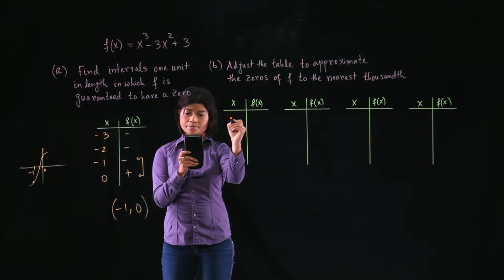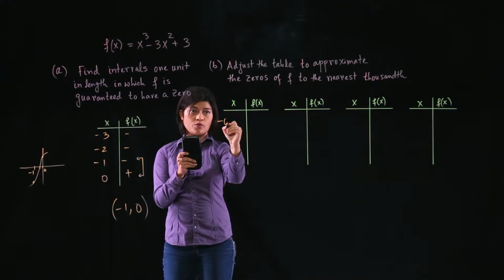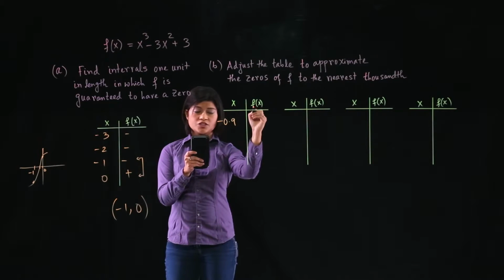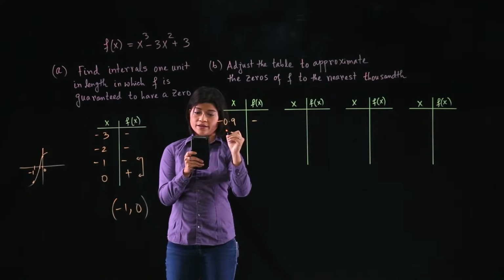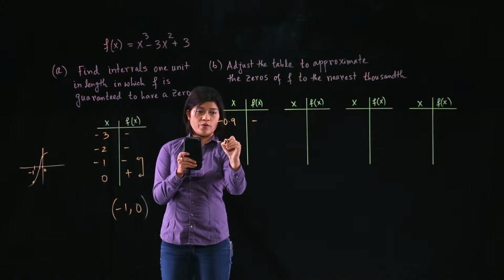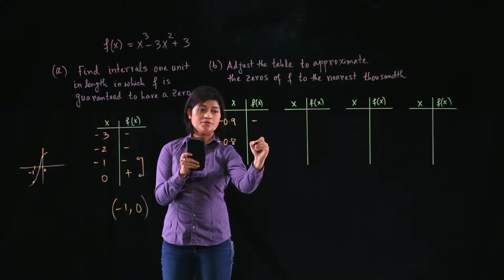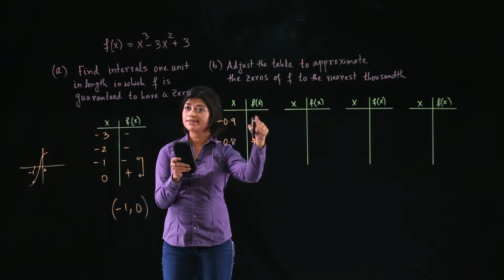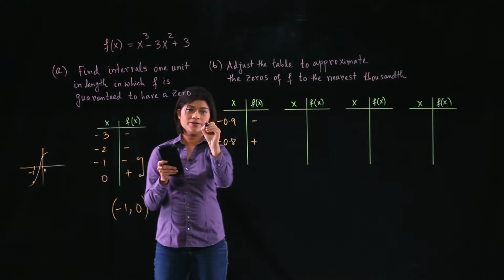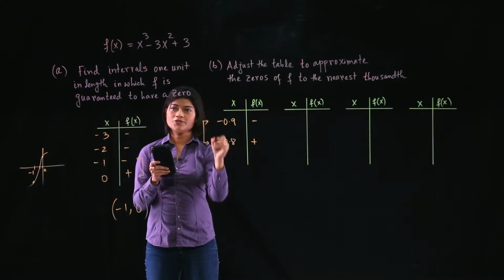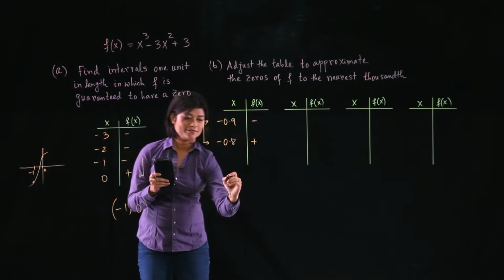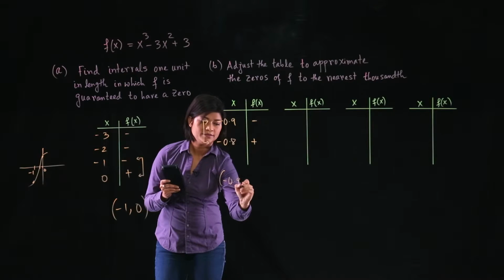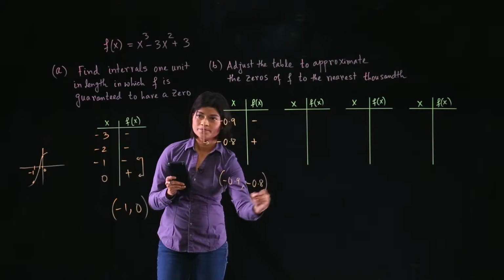Look at your table again and locate where the function is changing sign. Well, I see that when x is -0.9, the function value is negative. When x is -0.8, the function value becomes positive. Remember, we don't care about what the value is, only the sign. So we know that now the 0 lies between -0.9 and -0.8.